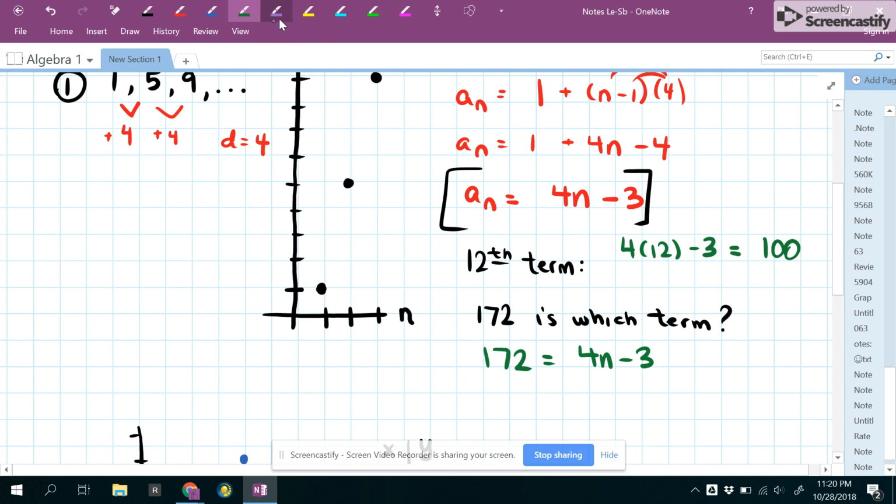To solve for n, you want to get rid of the 3, so you add. Well, 175 can't equal 4n, so 175 is not on our list. It is not a term in the sequence.